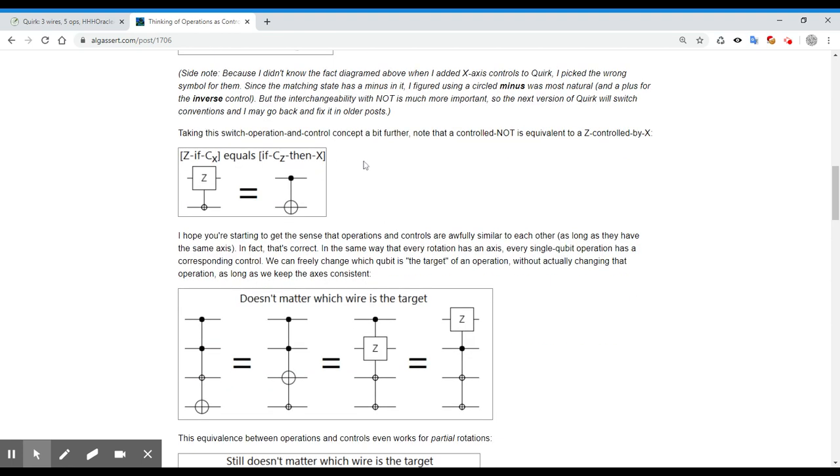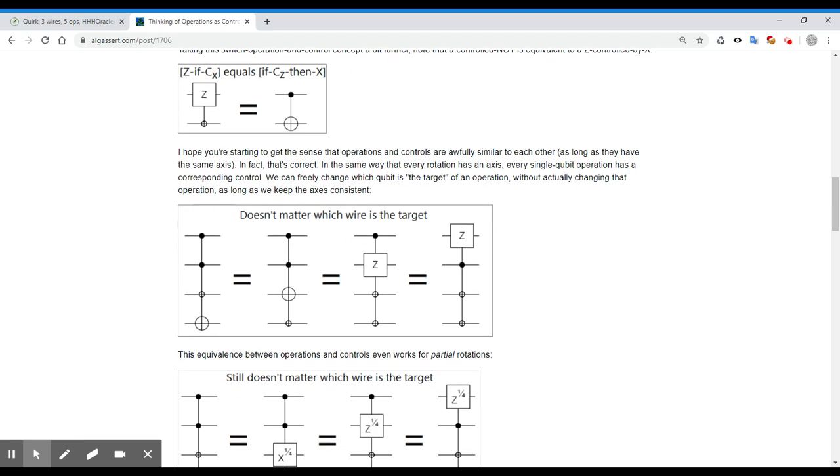Taking this switch operation and control concept further, note that the control-NOT is equivalent to a Z controlled by X. I hope you're starting to get the sense that operations and controls are awfully similar to each other, as long as they have the same axis. Exactly.